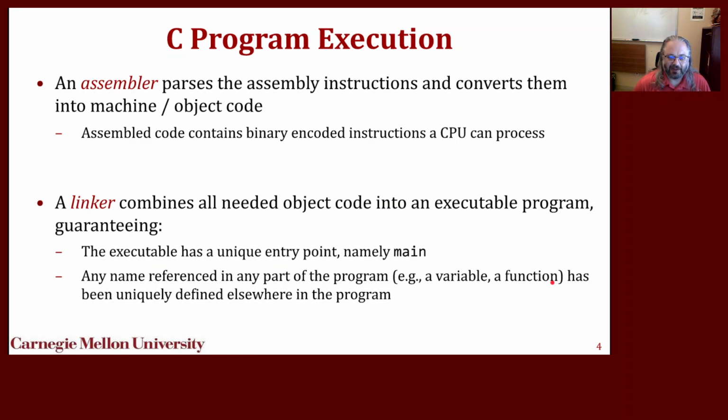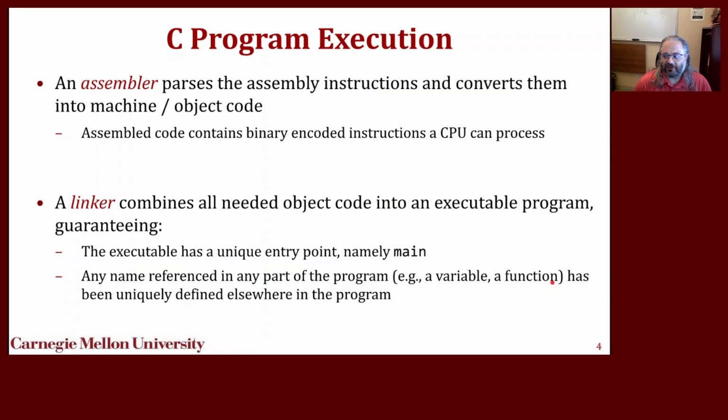The first guarantee is that the executable program has a unique entry point, which means when the system goes to launch this program or to run this executable, it can give control at the exact entry point where we want control to start, which is our main function. So the linker guarantees that each output executable has exactly one unique main function as its entry point.